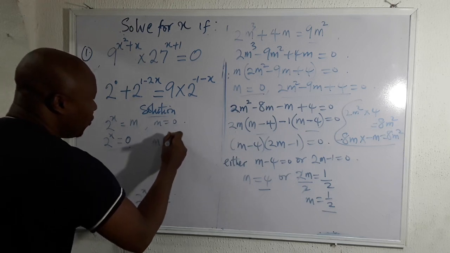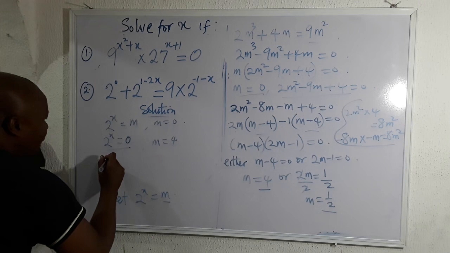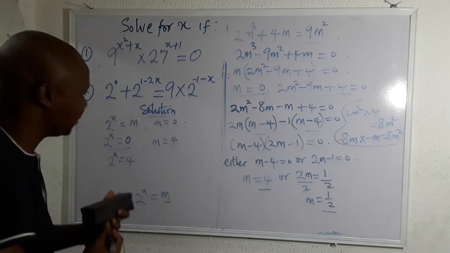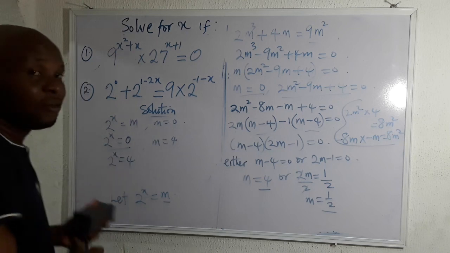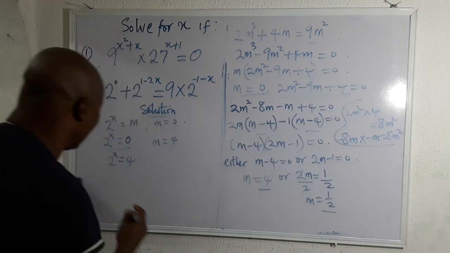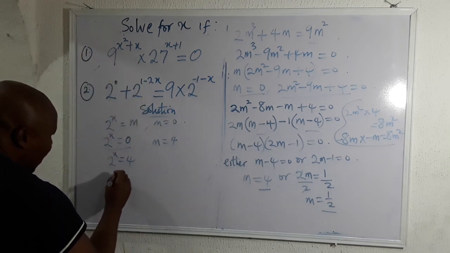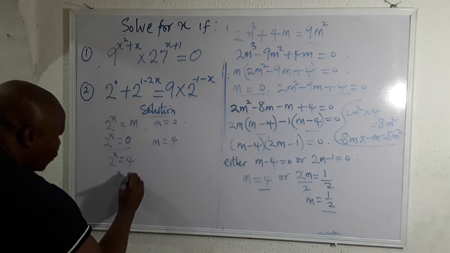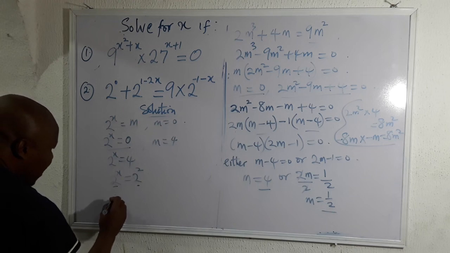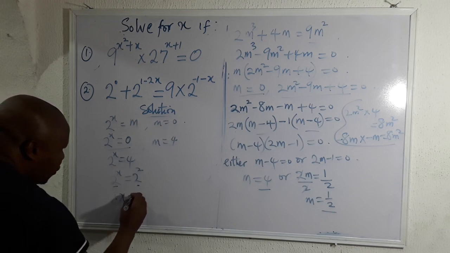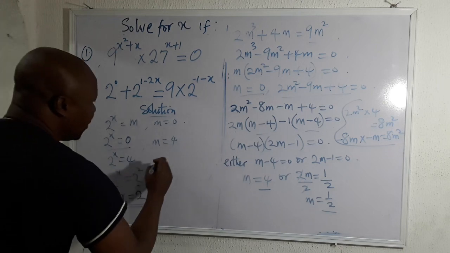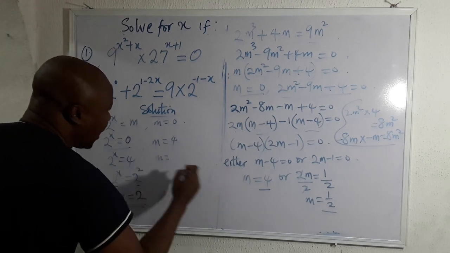Alright? What about when m is equal to 4? Now we have 2 raised to the power x is equal to 4. You can express 4 as 2 raised to the power 2. So 2 raised to the power x is equal to 2 raised to the power 2. The bases are the same, so we compare the powers. Therefore x is equal to 2 in this case. Now what about when m is equal to half?